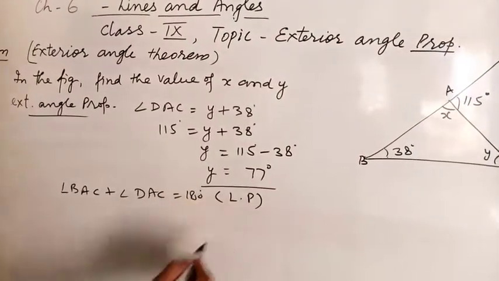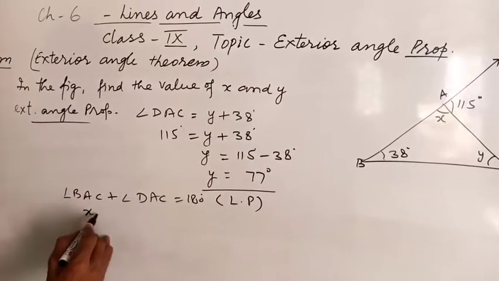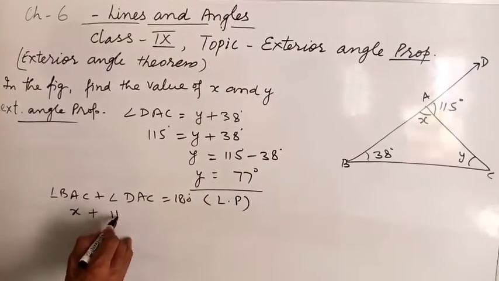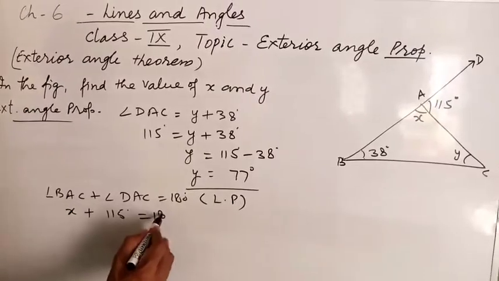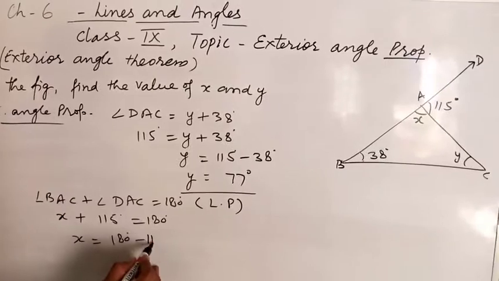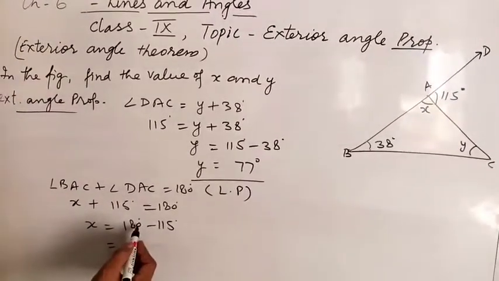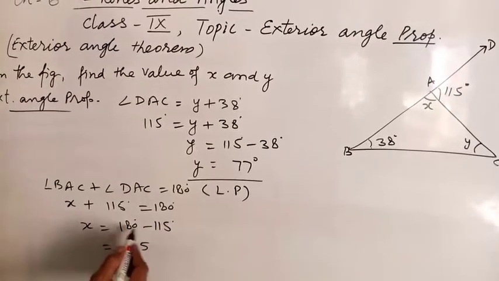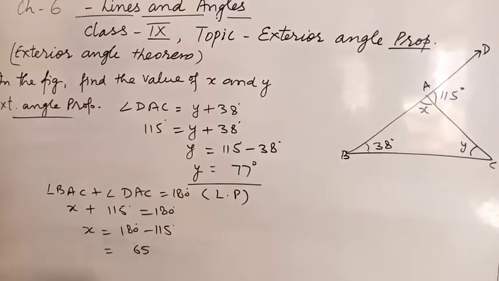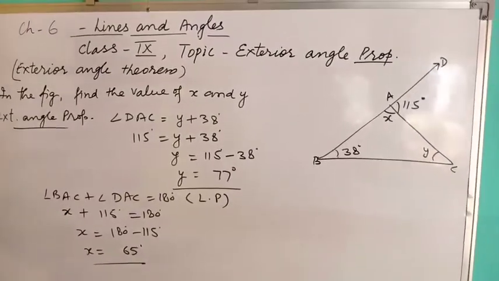These are a linear pair. So BAC is x and DAC is 115, so x plus 115 is equal to 180. x will be equal to 180 minus 115, which is 65. So x will be equal to 65.